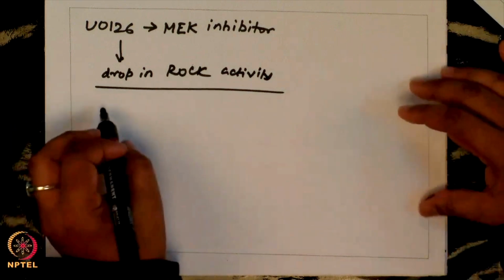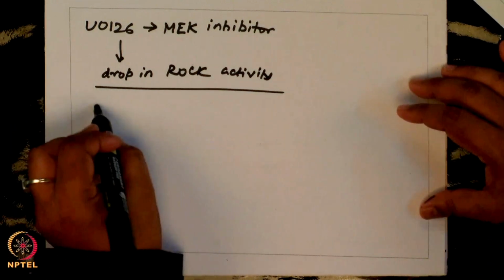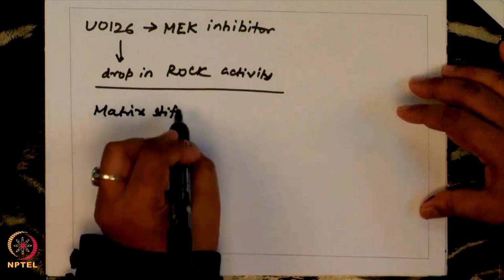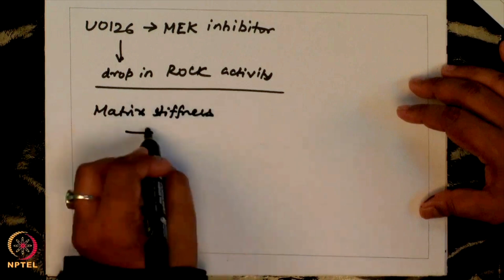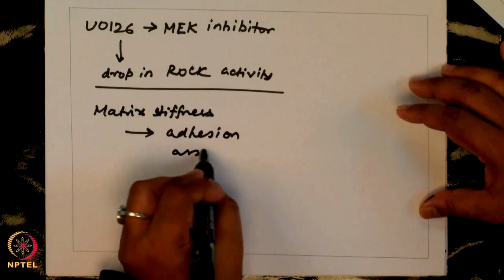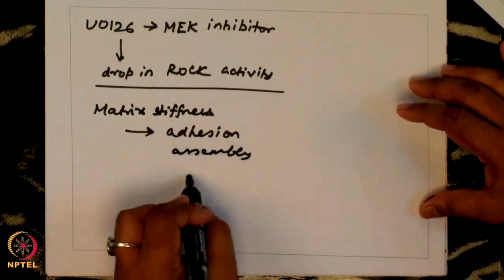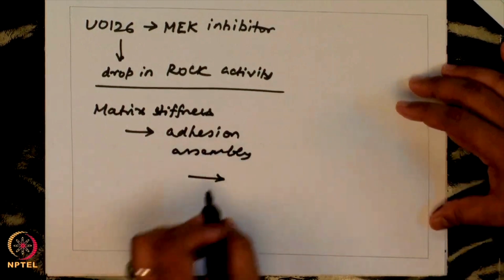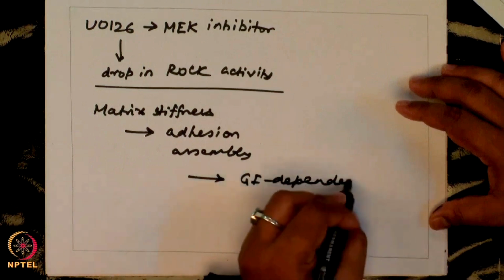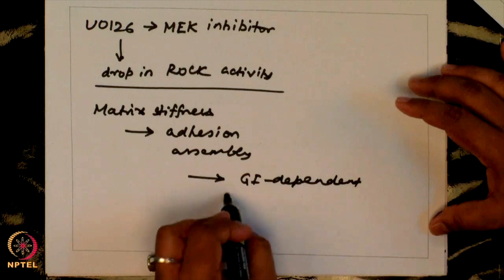These suggest that matrix compliance or stiffness leads to adhesion assembly, and this leads to growth factor dependent ERK activation.